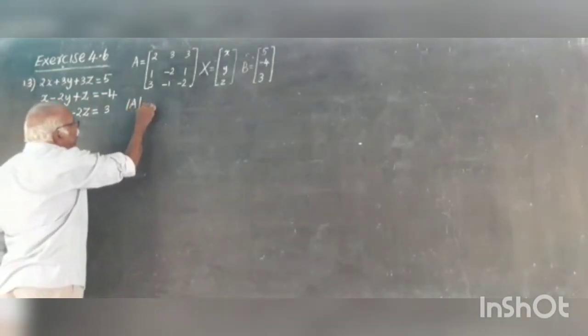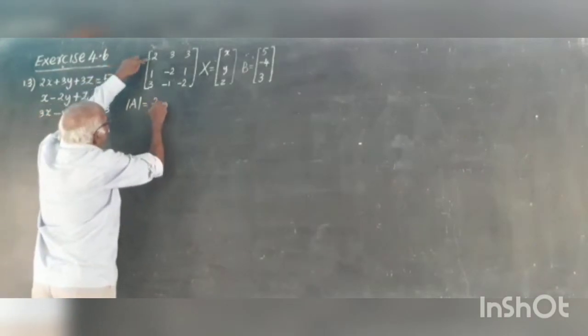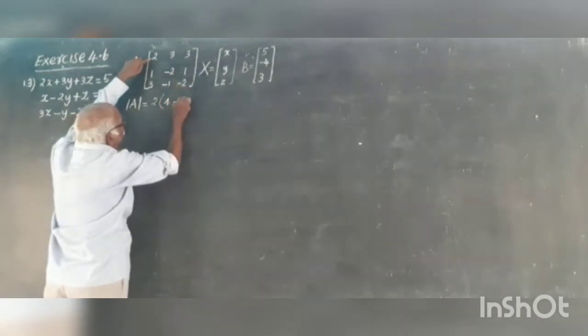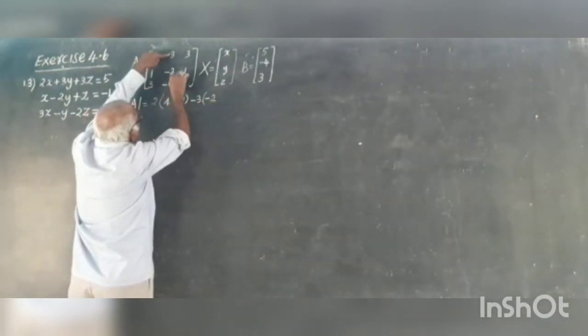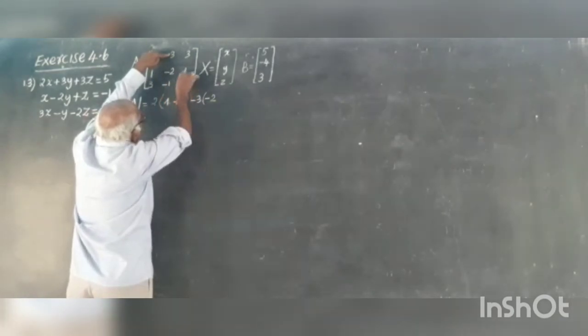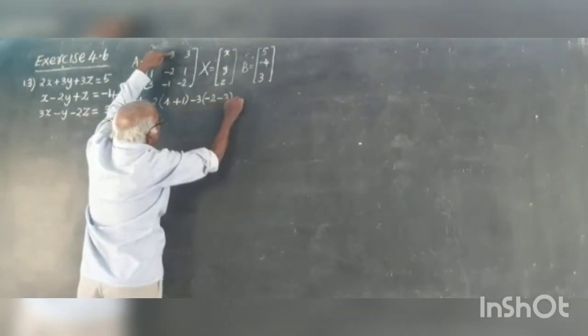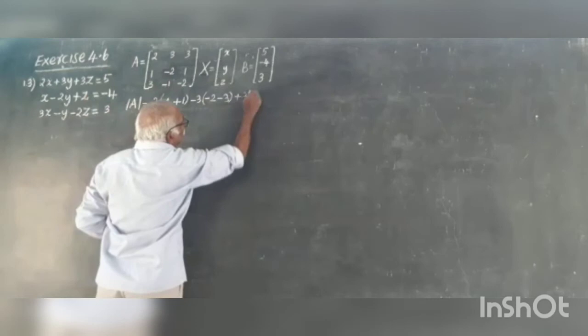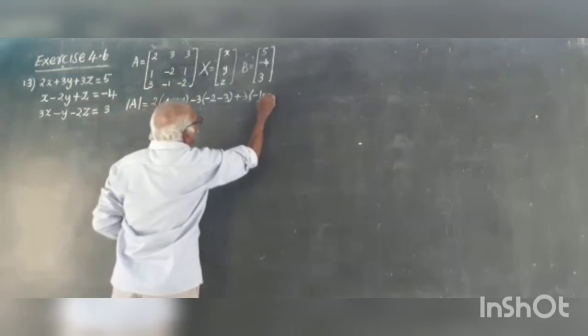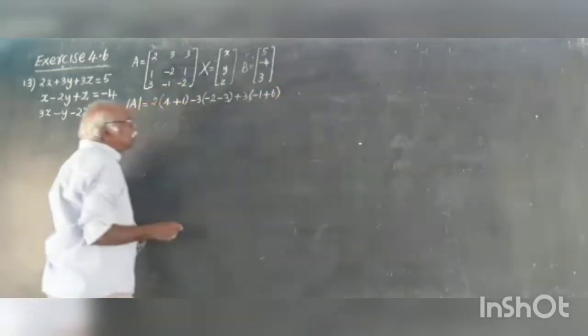Then find determinant A. Determinant A equal to 2 into minus 2 plus 4, minus 1 into minus 1 plus 1 minus 3, plus 3 into 1 into minus 1, minus 1 minus 6 plus 6.